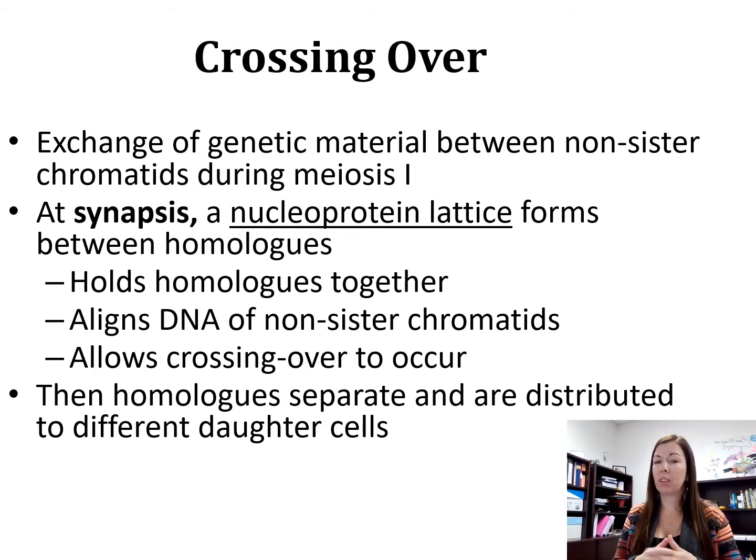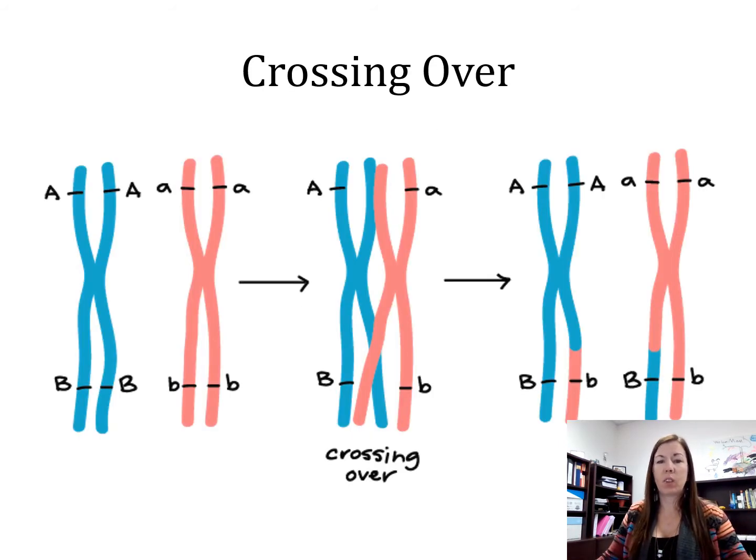And so then the homologs separate and are distributed to separate daughter cells. So that's what this looks like. You've got your homologous pair, they do this little cute dancey dance, and then they exchange genetic information. So that gives one way of giving variation.